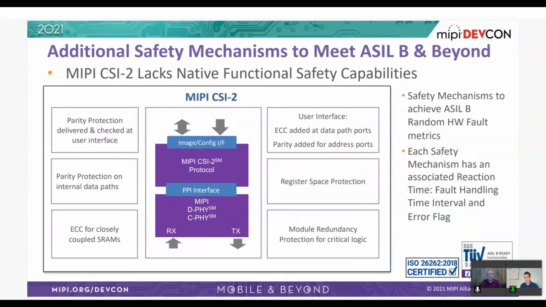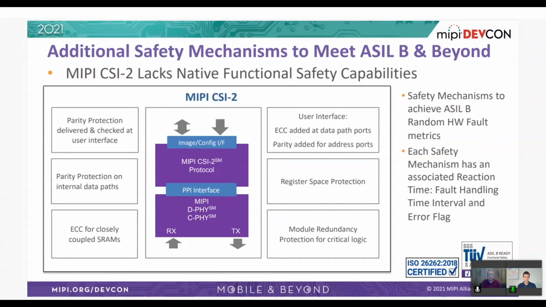So looking at an example, here I'm bringing in an example of a CSI-2 interface that is meeting the safety requirement, the safety level for ASIL B. And if we look at what industry providers are doing, as the best-in-class example, there is a need to add additional capabilities because the protocol itself doesn't support those natively.